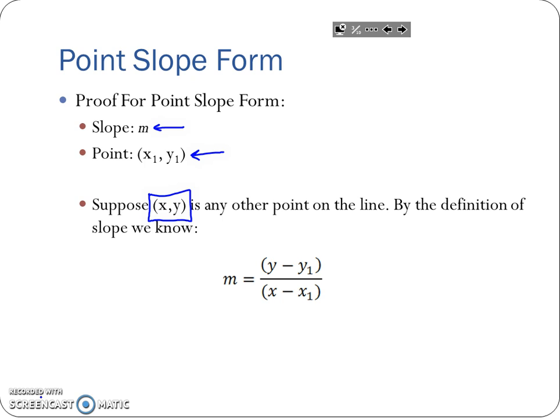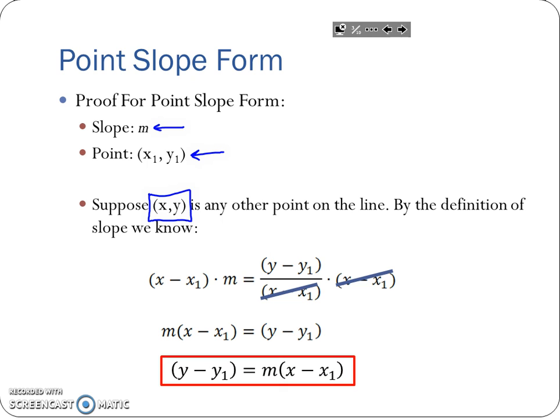Now all I'm going to do is just a quick, simple manipulation. I'm going to take both sides times x minus x sub 1, which will cancel it over here on the right, and I end up with m times x minus x sub 1 equals y minus y sub 1, which, changing the order of it there in red, that is our point slope formula.